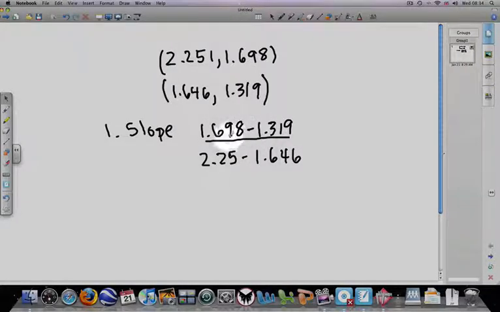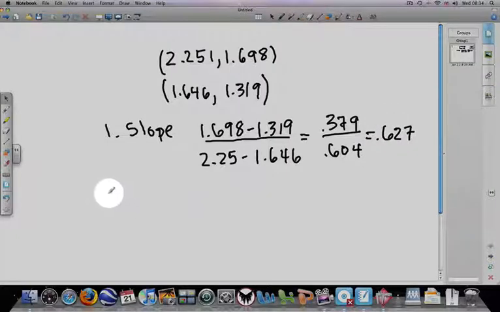I took the y's and subtracted them, and took the x's and subtracted them. This equals 0.379 over 0.604, and as one decimal, I get 0.627. So there's my slope for the line.